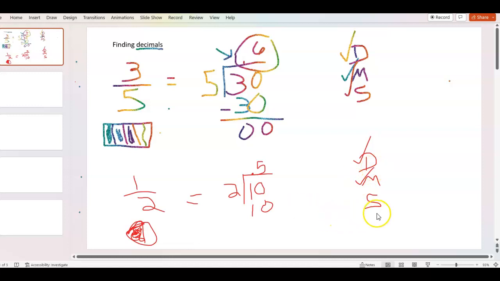Check. Next step is subtract. Well, 10 minus 10 is going to be 0. So 0 minus 0, 0. 1 minus 1, 0. And my answer is 0.5. All right, so that's what you're going to practice today.